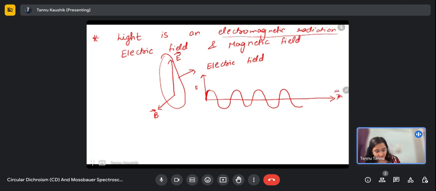So with any light, this electric field vector and magnetic field vector is always associated. And this light consists of different electric field vectors oscillating in every possible direction. That is, this is unpolarized light with its vibrations in all possible directions.